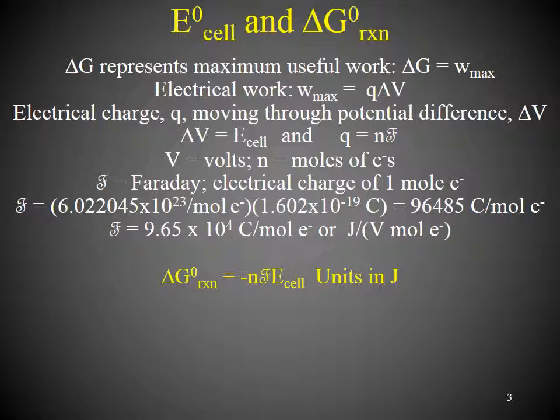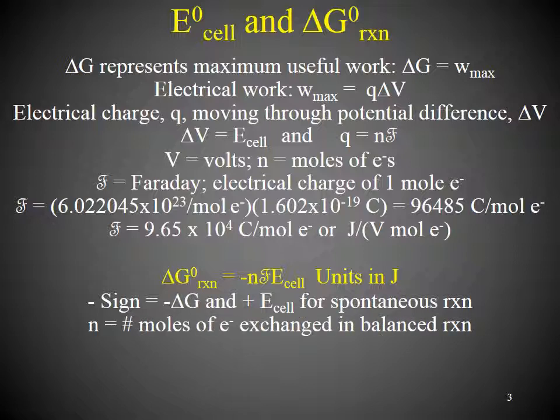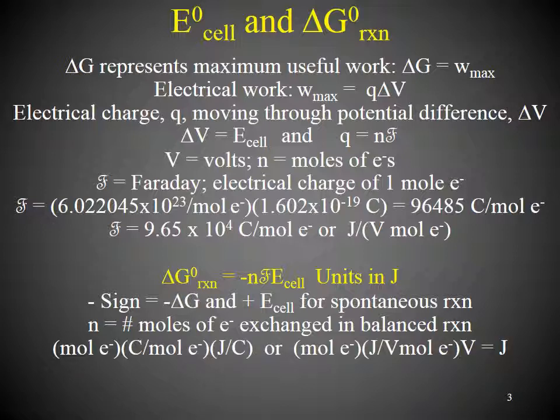So now we can substitute all that back into the delta G equals maximum work expression. As you can see, the sign has changed because we want delta G to be negative whenever the reaction is spontaneous. That's why we had that negative sign, because when the reaction is spontaneous, the cell voltage is positive. Of course, the N in this case is the number of moles of electrons exchanged in the balanced reaction, which could be more than one.